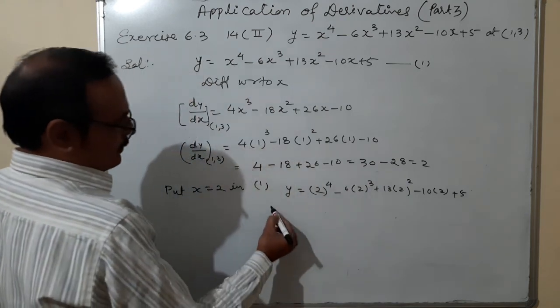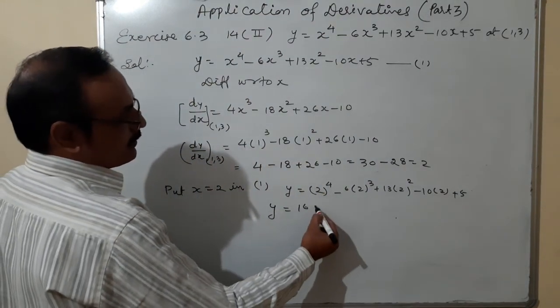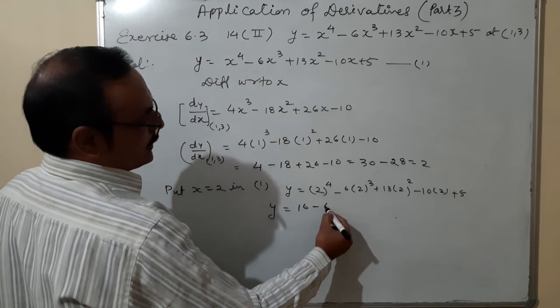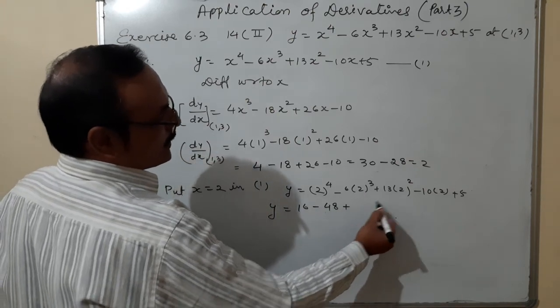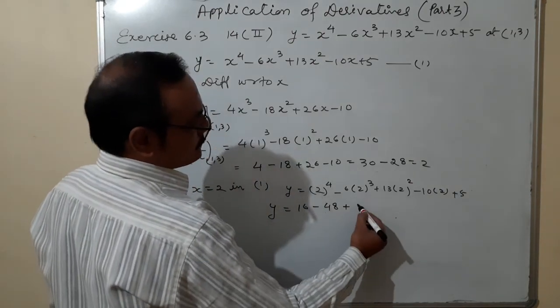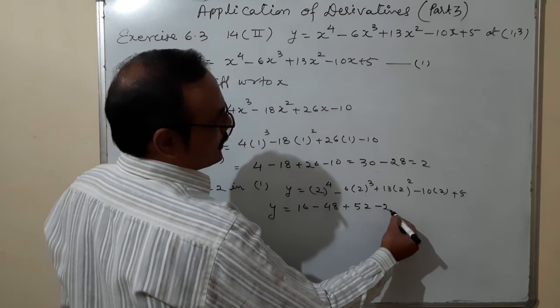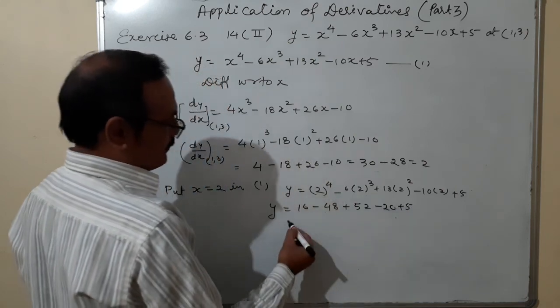Okay. y is equal to 16 minus 48 plus 52 minus 20 plus 5.